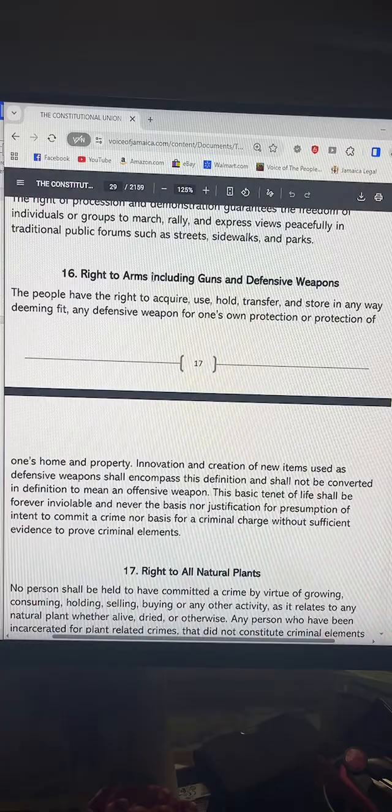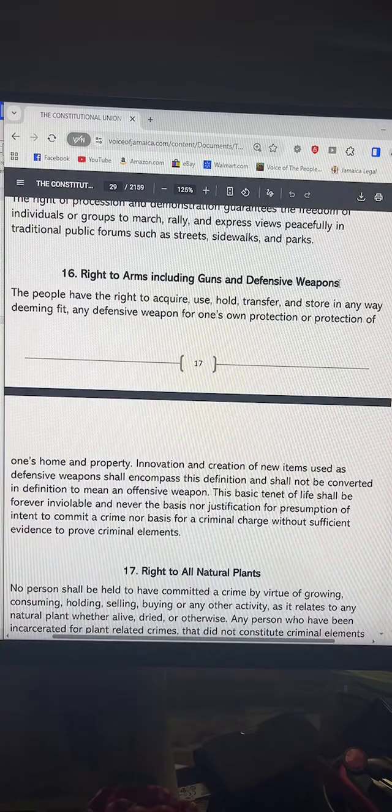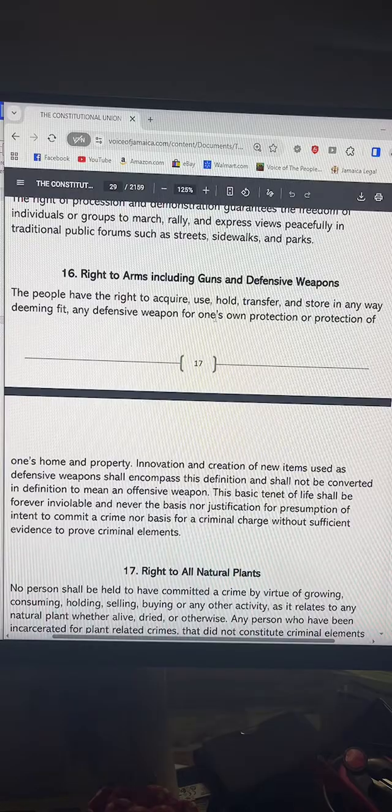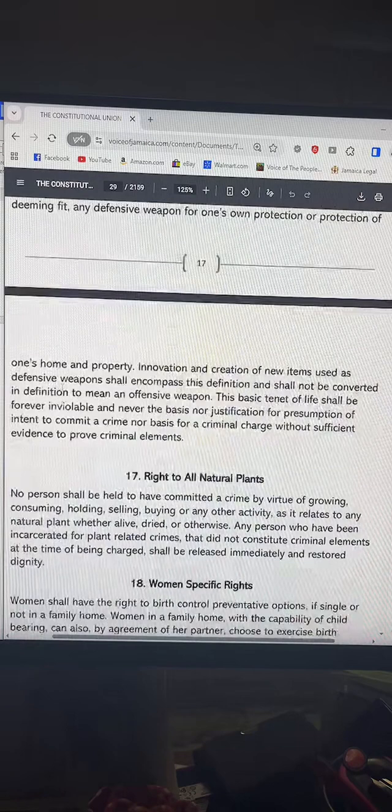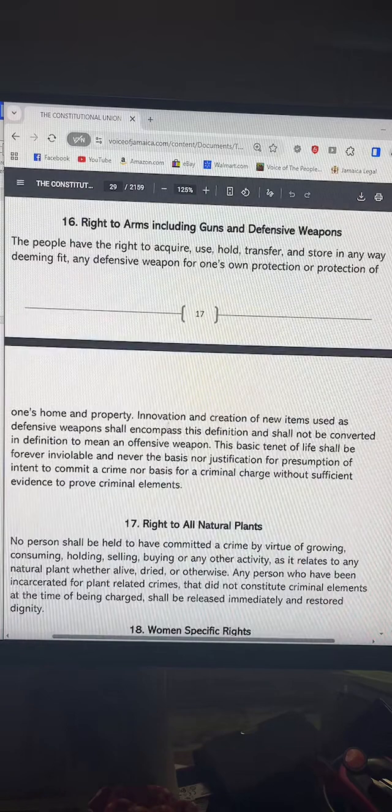16. Right to arms, including guns and defensive weapons. The people have the right to acquire, use, hold, transfer, and store in any way deemed fit any defensive weapon for one's own protection or protection of one's home and property.